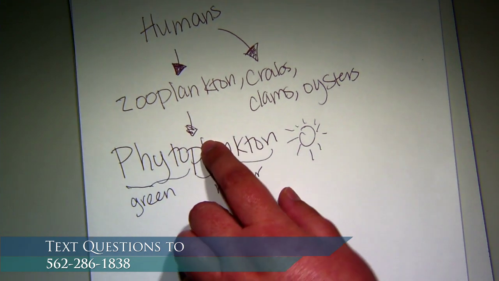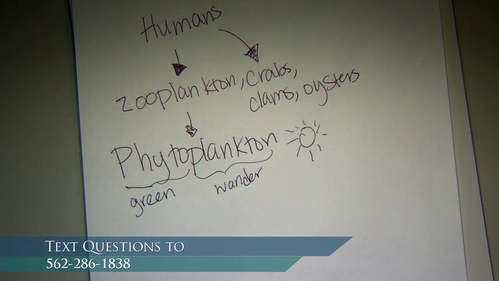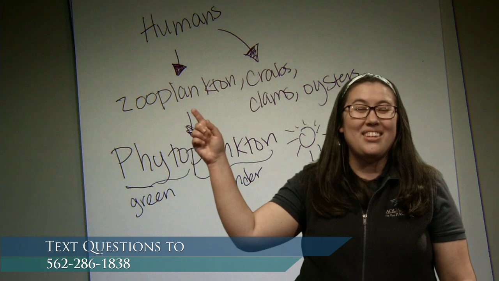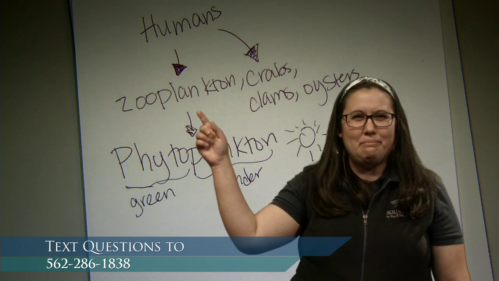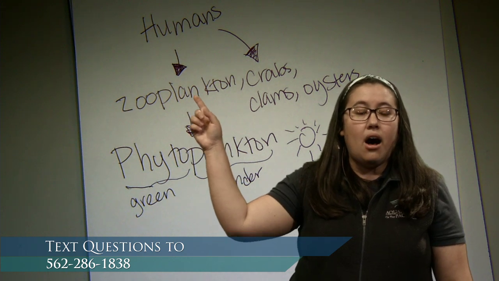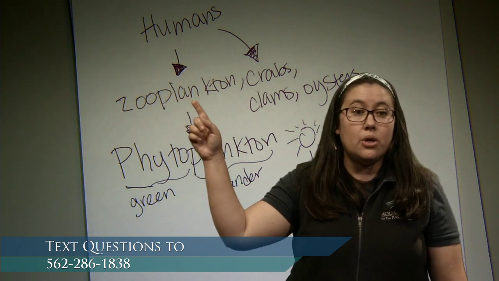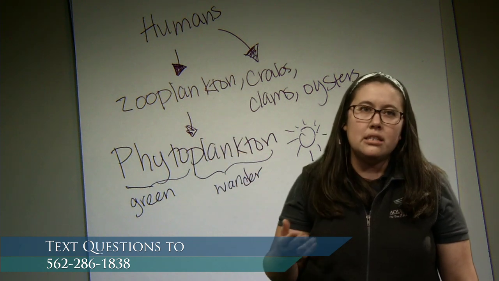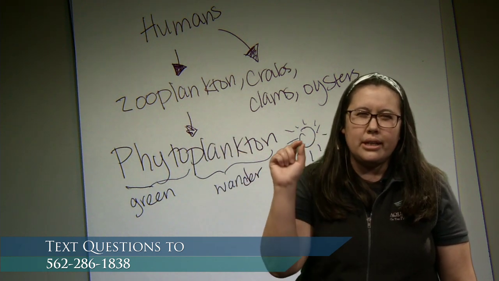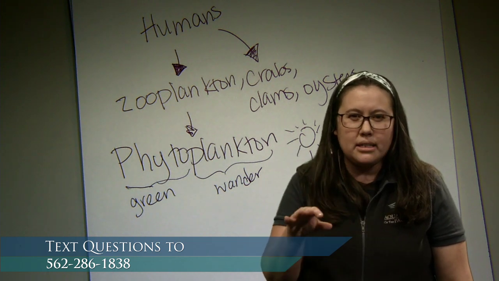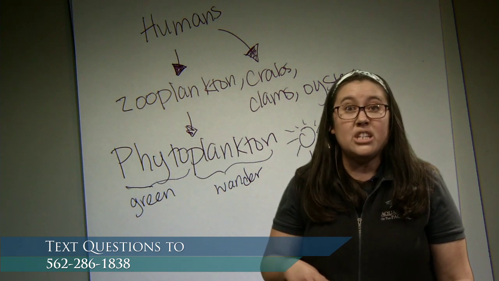Now, many of these phytoplankton will then be eaten by the zooplankton that are directly above them. So we have a very small food chain for us today, but basically it's looking at all of these animal plankton. Zoo actually means animal wanderer. And so these small little animal wanderers are going to eat a lot of these algae wanderers at the very base of the food chain. Now, of course, it's a food web, right?